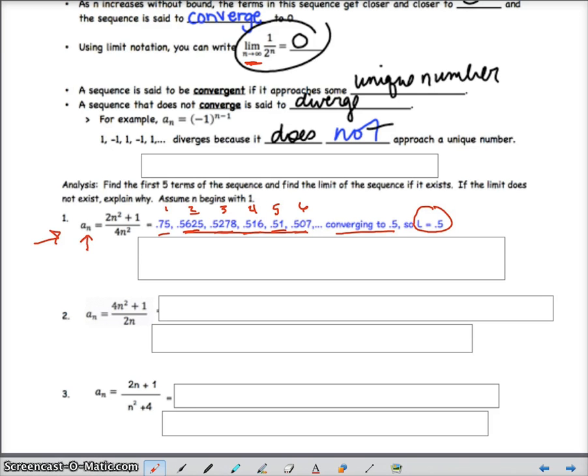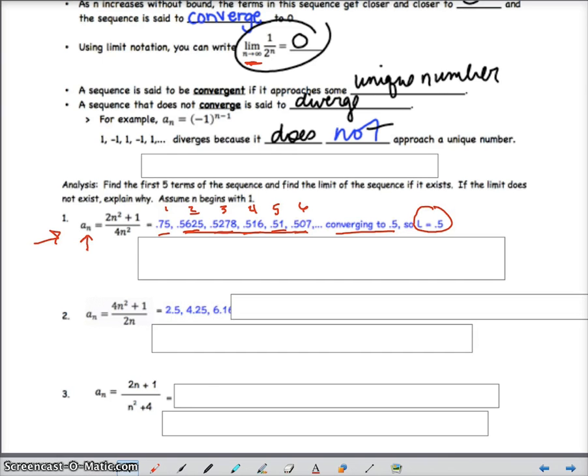Number 2, if we find the first 5 terms, we have 2.5, 4.25, 6.67, doesn't look like it's converging yet, 8.25, 10.1. So far, I don't really sense a pattern that this is converging.